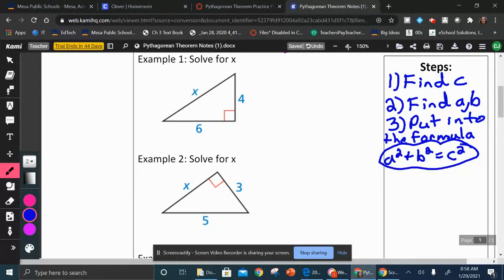Okay, so we have, remember, it's diagonally across is the hypotenuse. Okay, so that's c. 6 is our base. And then a is equal to 4. Okay, so c, everybody, is the longest side. The hypotenuse is the longest side.